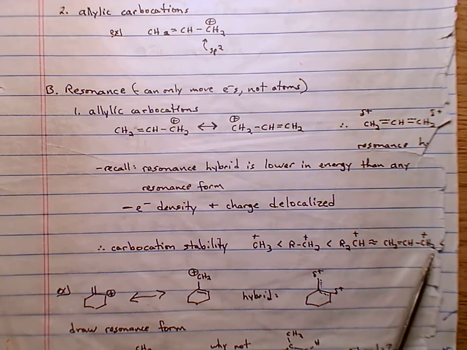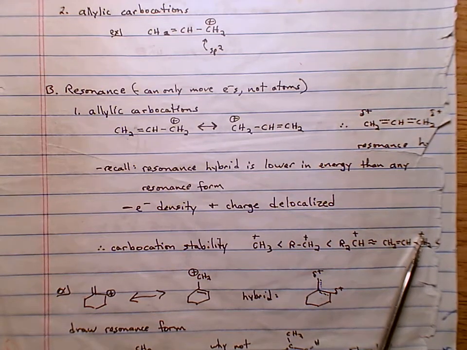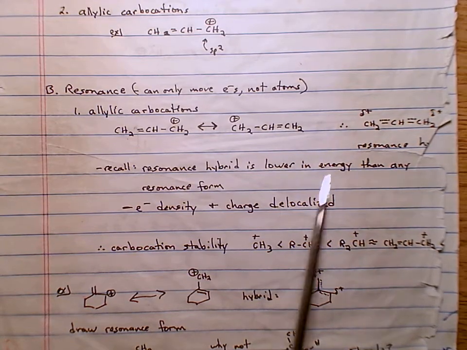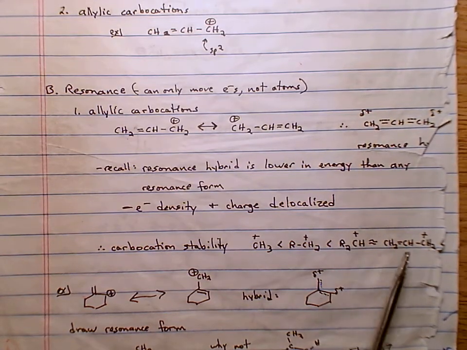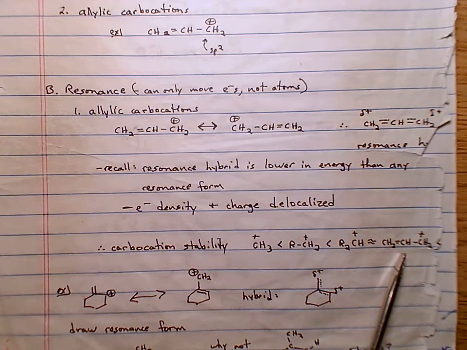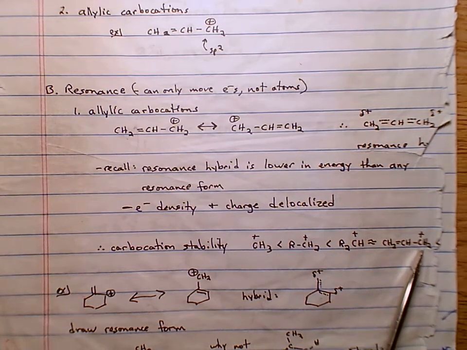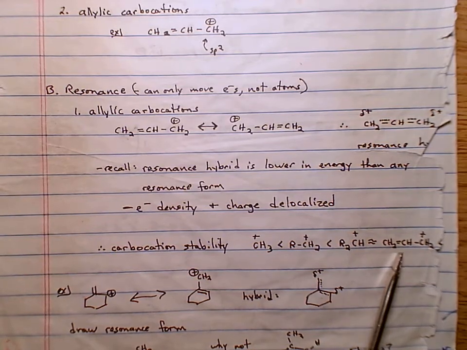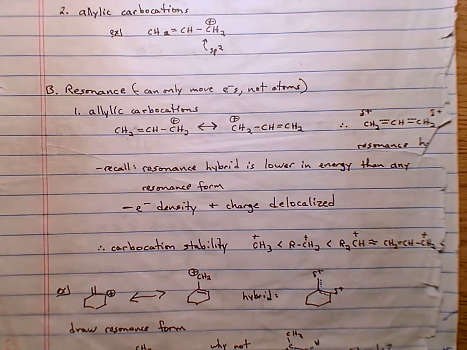And you'd say, wait, but isn't this primary? Isn't this positive charge on this primary carbon here? No, it's allylic, and due to this resonance, it means this is more stable than you think it would be. So this carbocation is much more stable than a primary, even though it looks primary. It's allylic, so it's about as stable as a secondary carbocation. All right, cool.